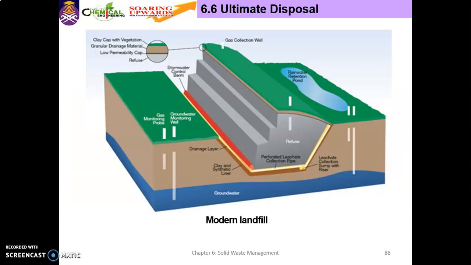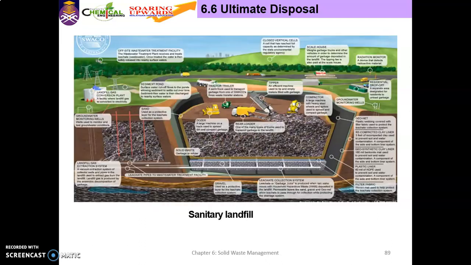This is an example of a modern landfill. Again, these are the layers of a sanitary landfill. This is the leachate piping. Dump all the solid waste. When it is full, they will cover it on top. There are certain layers to prevent the solid waste from being exposed again.